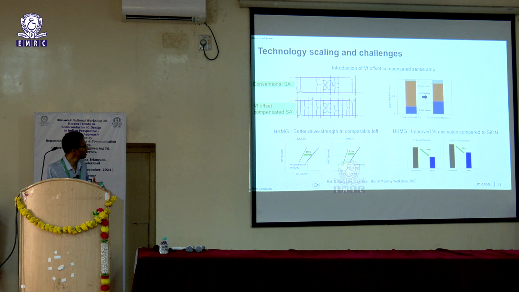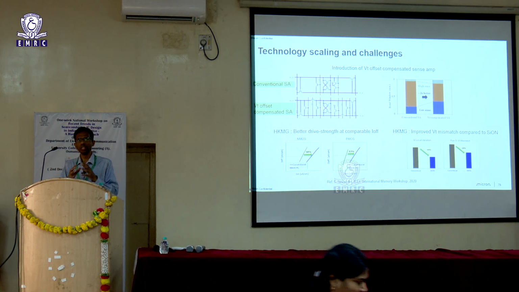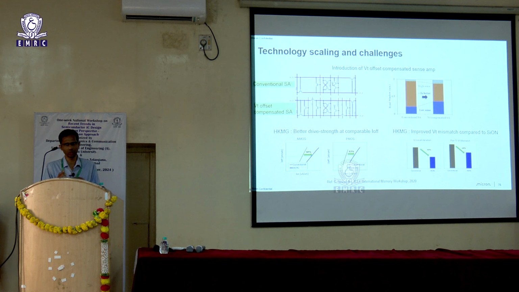So this will get shrunk, and then there is a circuit technique that is employed of late, which is called VT offset compensated sense amplifier. So you might have heard of process variation. So when you move from one technology node to the other technology node, you have process variation being a significant factor in the most advanced technology nodes.